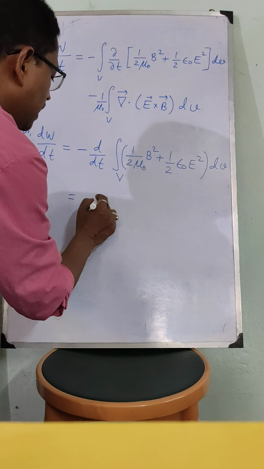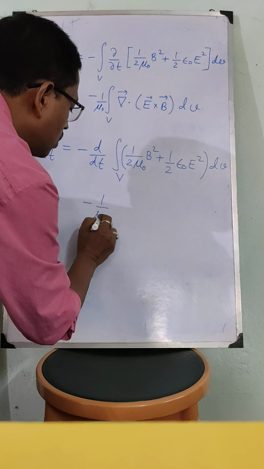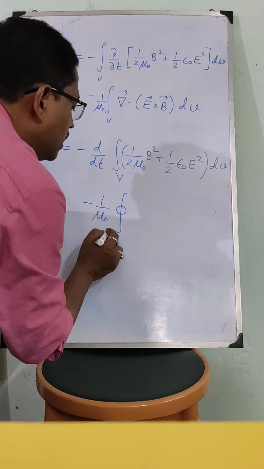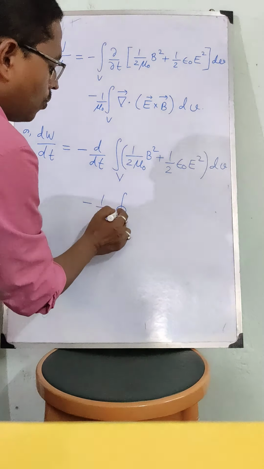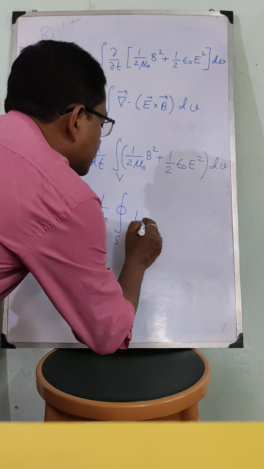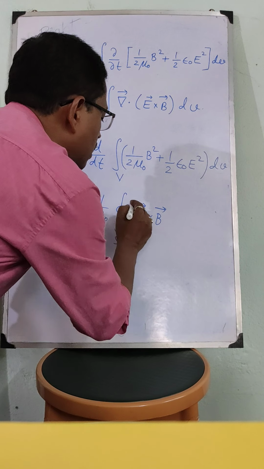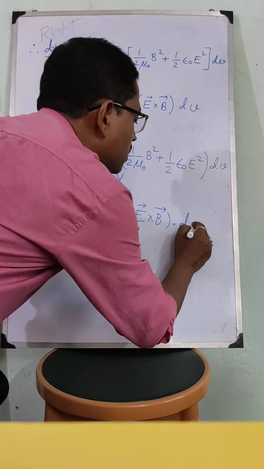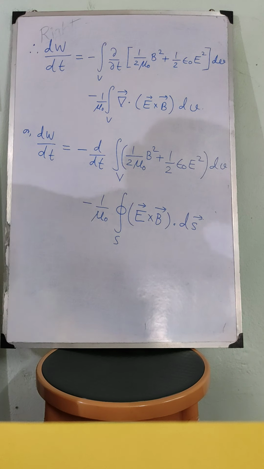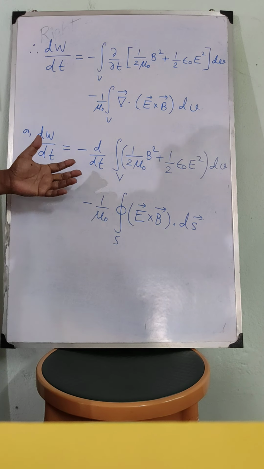So this is minus 1 by mu 0 times a surface integration over a closed surface S enclosing this volume V. So this is E cross B dot dS.